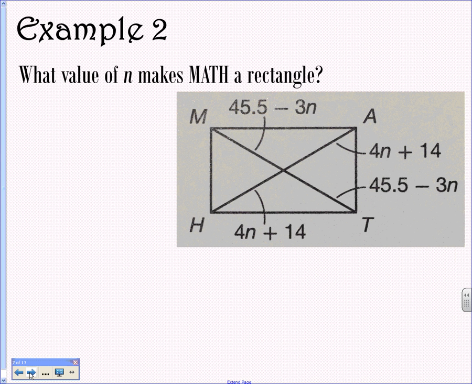So let's look at another example. They want us to figure out what value of n would make math a rectangle.